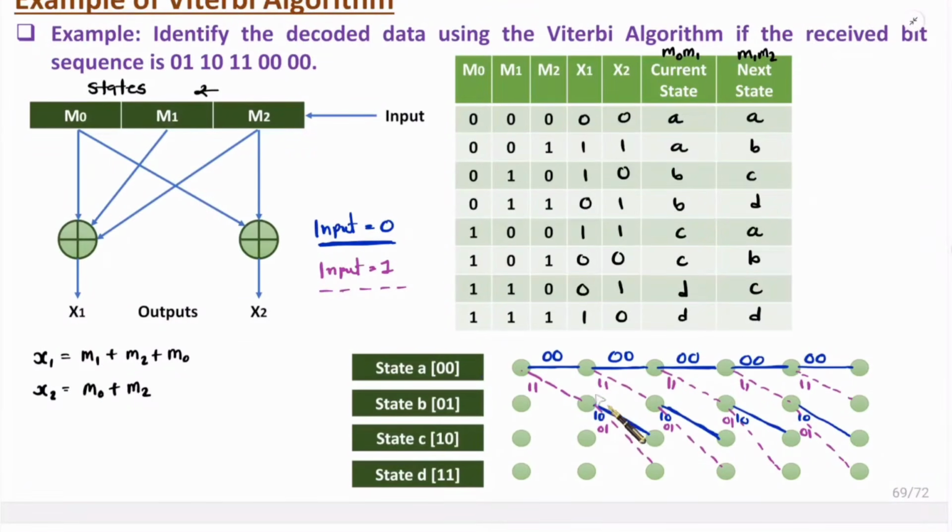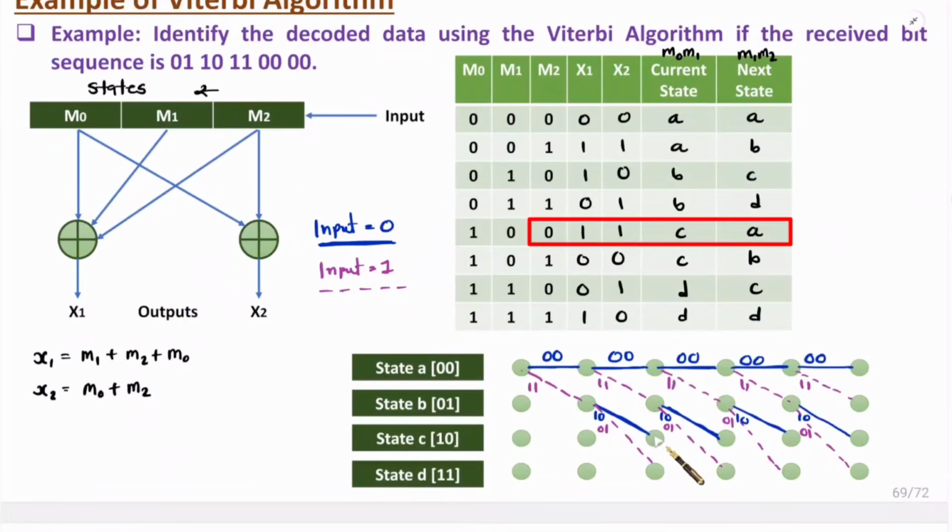Now, see here we have given input, and now we have all other states available. But for state A and state B, I have already drawn this. So we need to draw it for state C now. If current state C, input 0, then next state will be A. So if input is 0, then solid line.